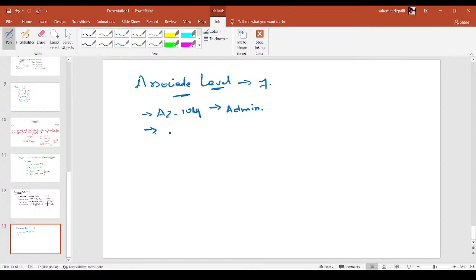Next one, AZ204, deals with the developer associate. And next one is DP300. So this is also data. This is also administrator, but it's a DBA thing. It's a database administrator.